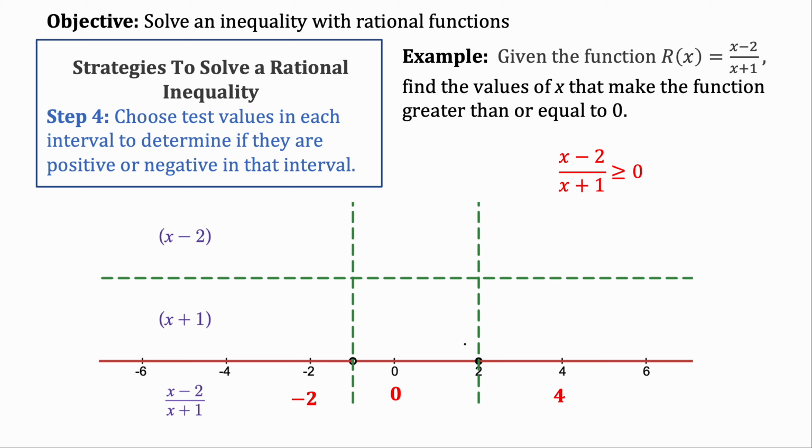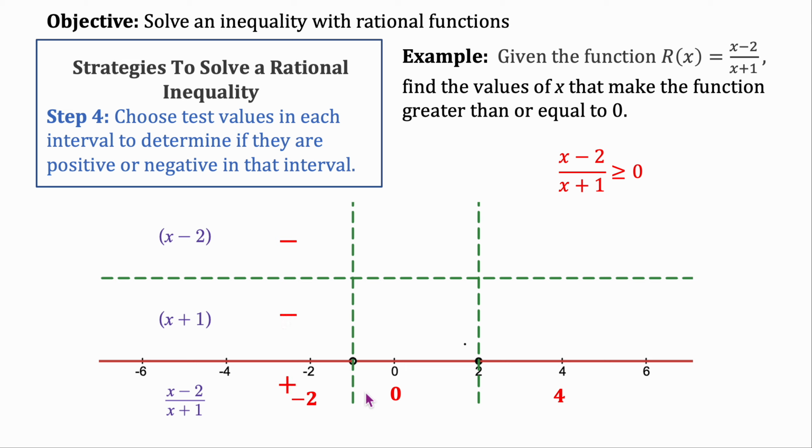So what do I mean by test values? We're going to take those numbers and plug them into our numerator and denominator factors. We're going to ask ourselves, did I get a positive or a negative? And I'm going to record that on my plus minus chart. So if I plug in negative 2 here, I get negative 4, that's a negative. If I plug negative 2 in here, I also get a negative. Now, if I divide that numerator by that denominator, negative divided by negative is a positive.